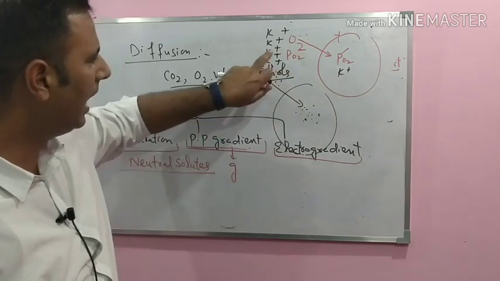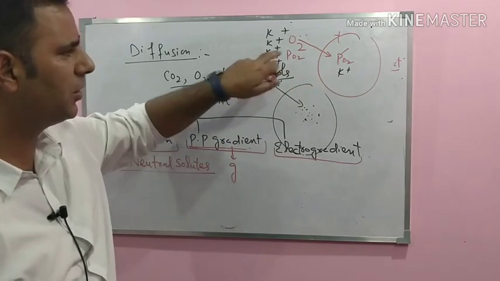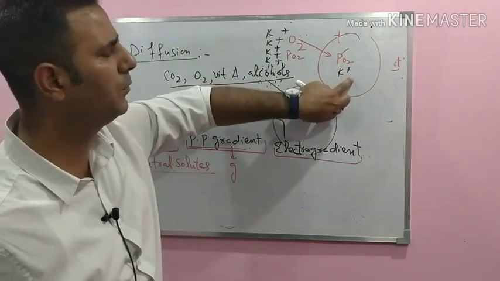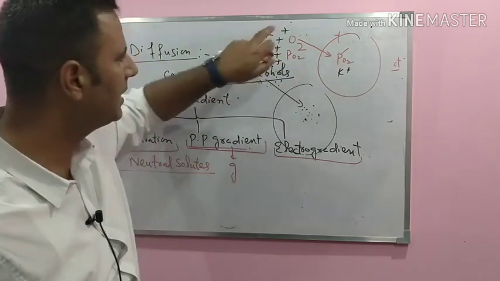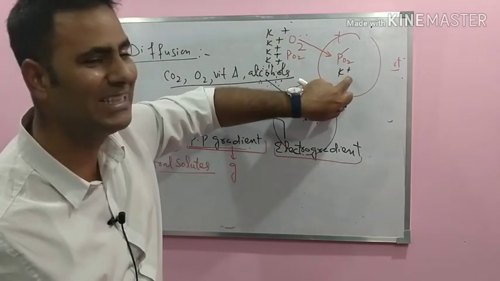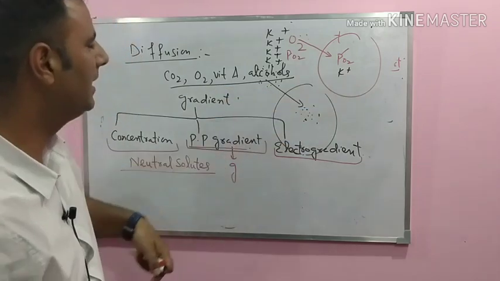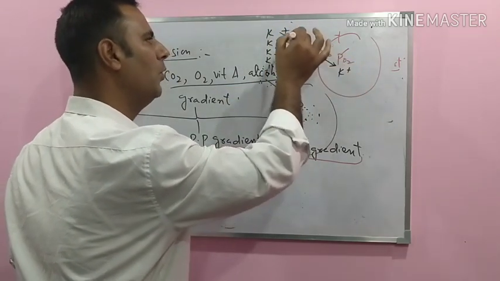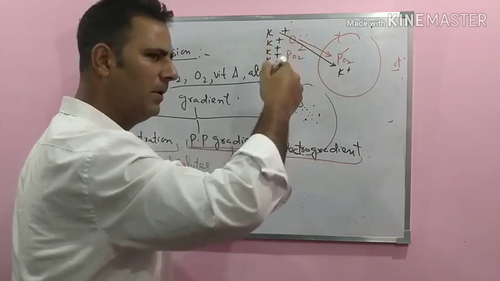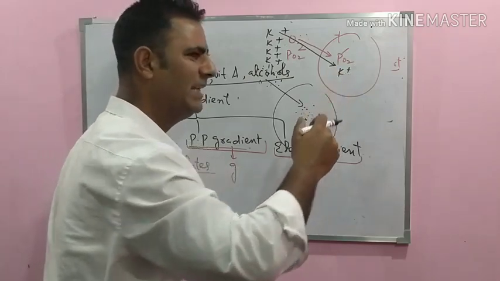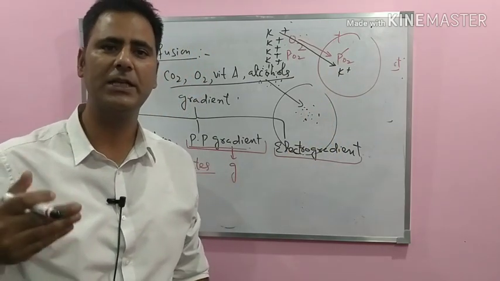What will happen? We have here the gradient. There is a sort of gradient. We have here more electropositivity, and here we have less electropositivity. Or we can say this is more electropositive. Comparatively, this is electronegative. It means potassium has to move from a region where there is more electropositivity to a region where there is comparatively electronegativity.